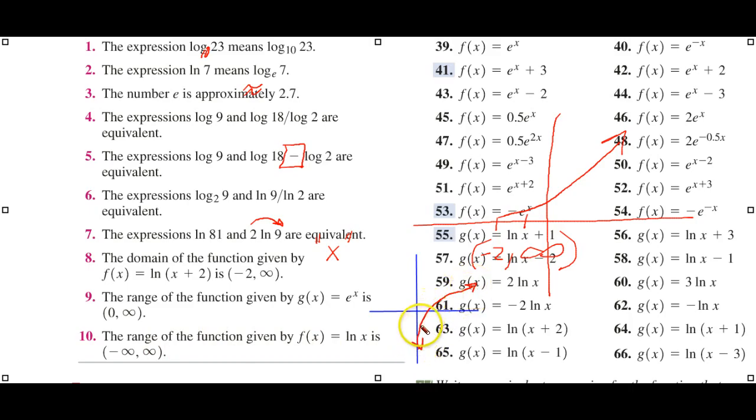Notice this line, as it goes next to the y-axis, gets closer and closer and closer, but never reaches it, and goes down to negative infinity. So as we look at our range here, we're going up from negative infinity, and eventually this goes all the way up to positive infinity. Okay, some of these were challenging.